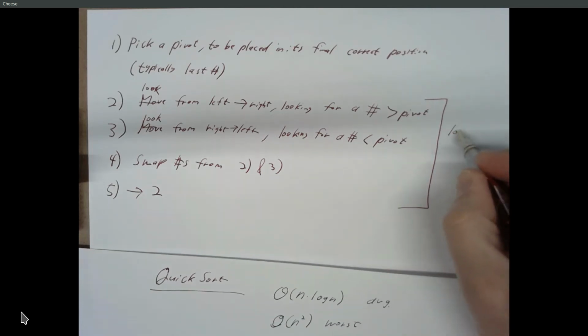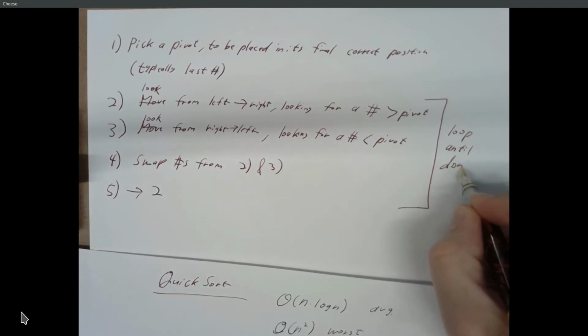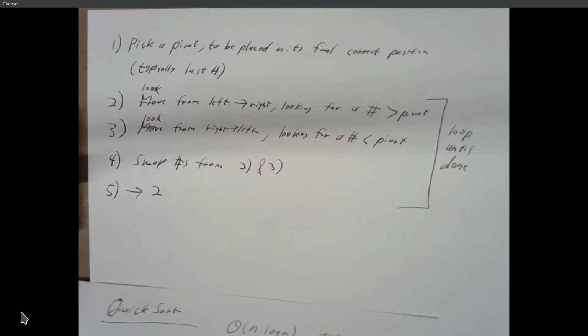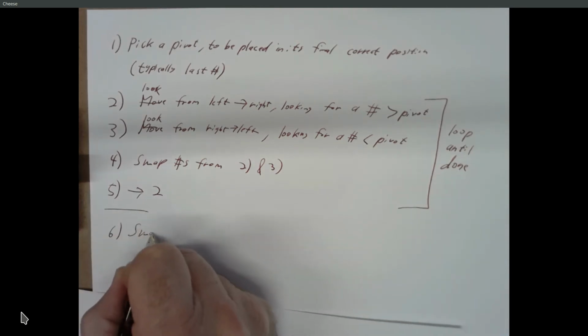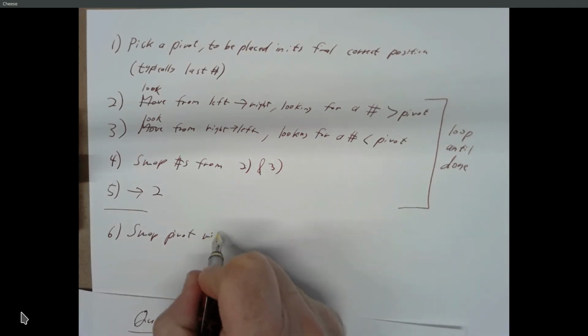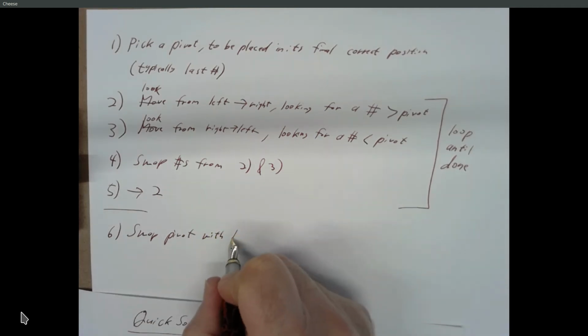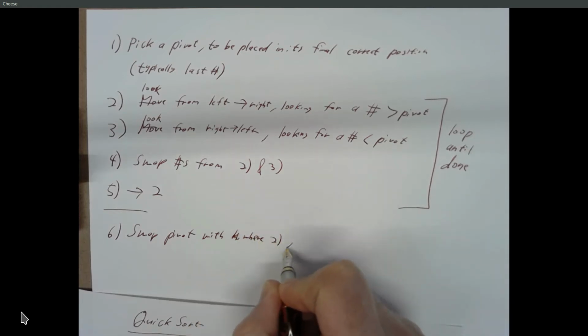So we're going to loop until we're done, and then we're going to do one more step: swap the pivot with where 2 and 3 met.